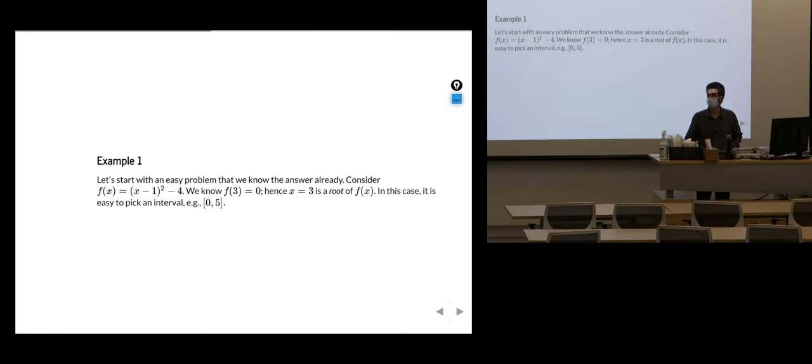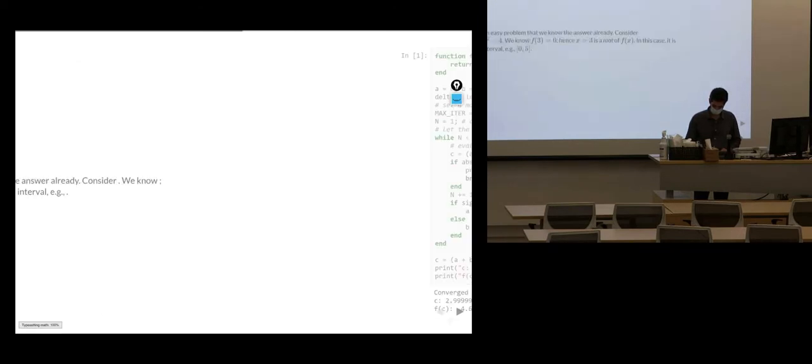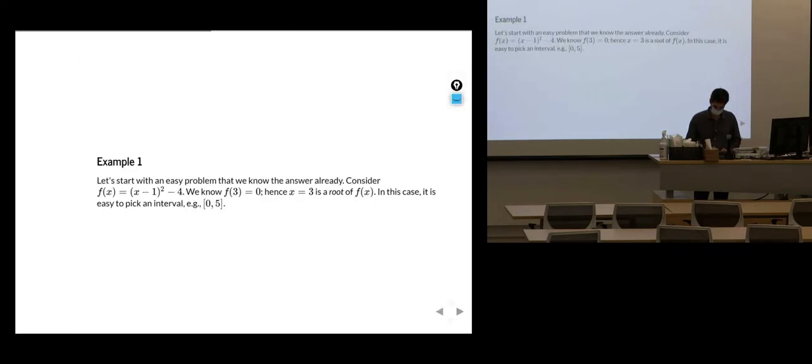How do you pick an interval? It's very useful information you need to get from somewhere. These are one-dimensional functions you can easily visualize, right? I'm not visualizing here, but you can visualize your function, that's just a plot.